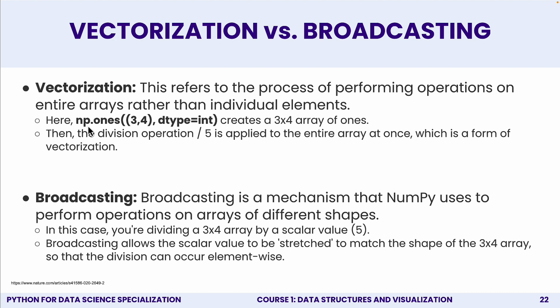For example, we did the example of np ones 3, 4, and you divided by 5, if you remember yesterday's example. Here, instead of making a for loop and dividing every element by 5, you can just divide the whole array by 5. This is what we call vectorization. It's a vector, so this is a vectorized operation. It means it's an operation that can be applied on a vector, not necessarily on elements of the vector.